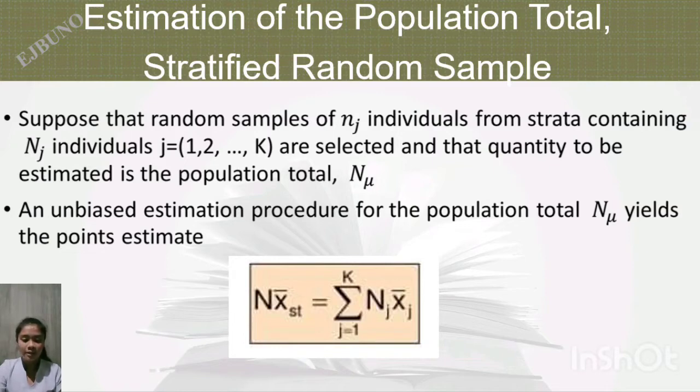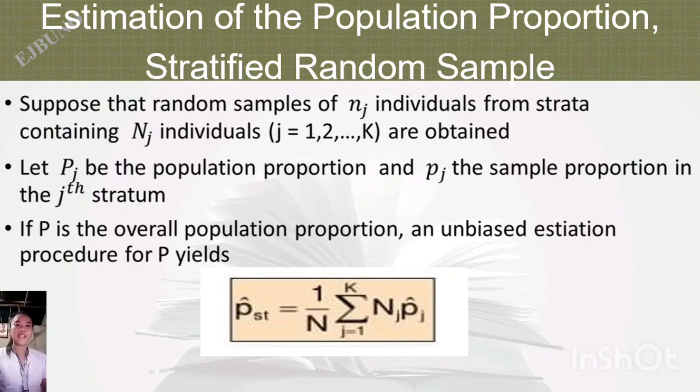An unbiased estimation procedure for the population total N mu yields the point estimate N times the sample mean sub st, which is equal to the summation of the product of N sub j and the sample mean sub j.